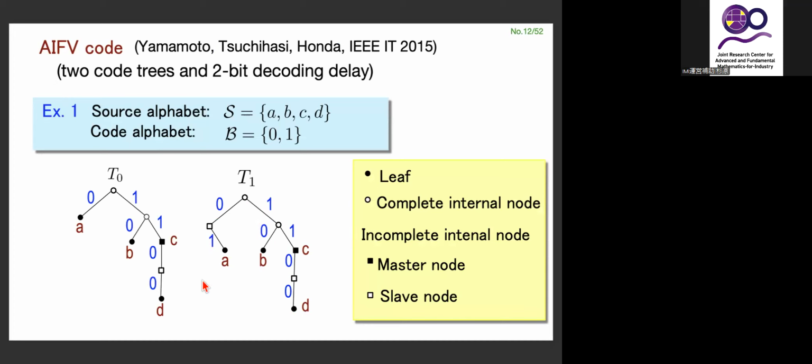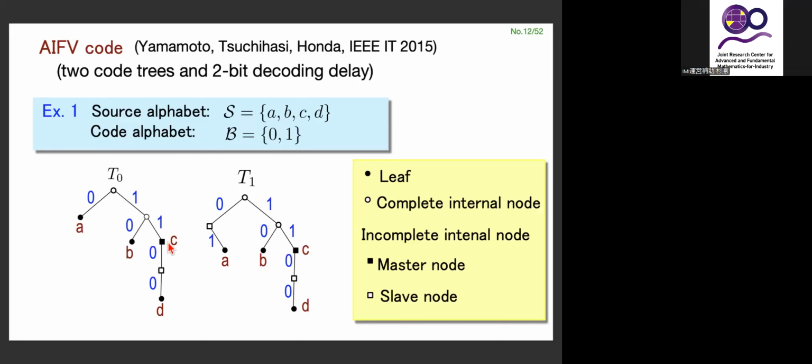This is an example of AIFV code. AIFV code uses T0 and T1 code trees. And a source symbol is assigned an internal node called the master node, in addition to leaves. A master node is an internal node that has a grandchild.